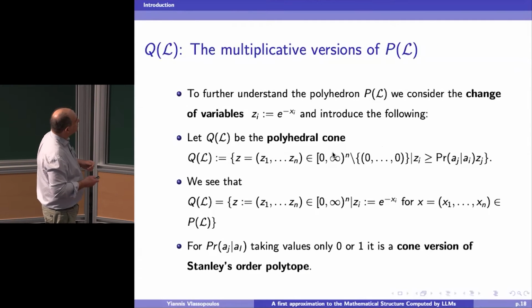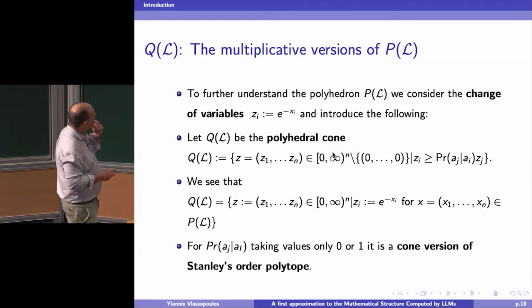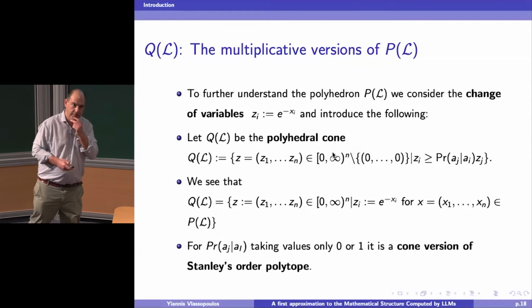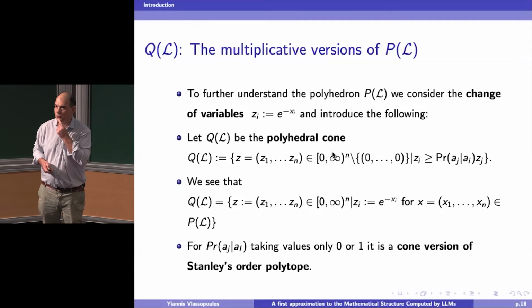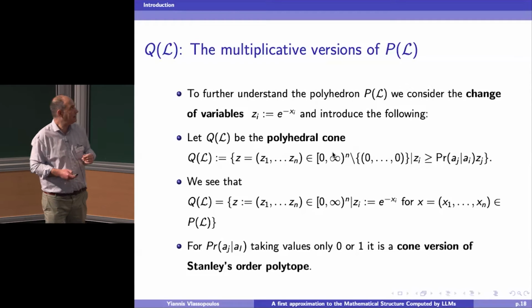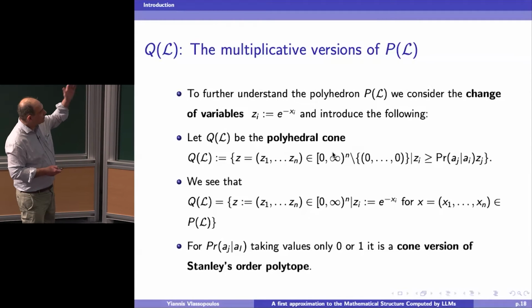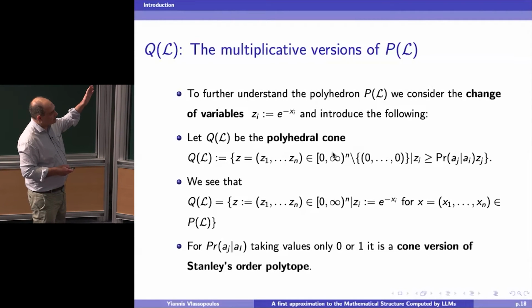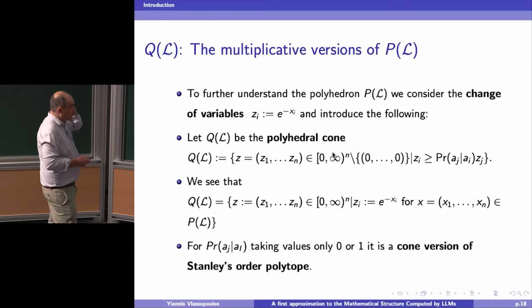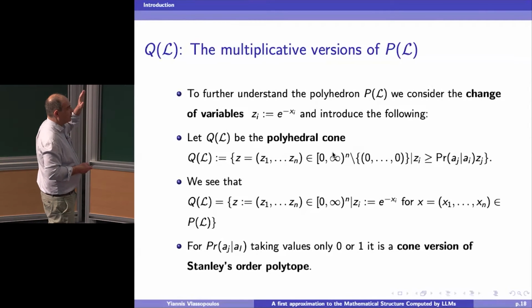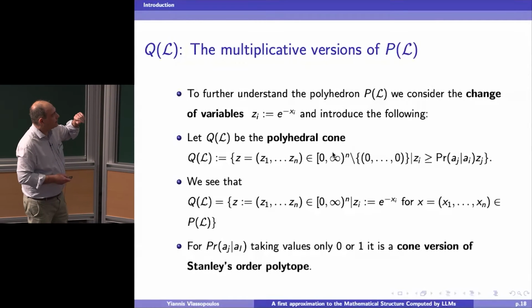Now we have this P of L. We went there because metric theory is much better understood than probabilities in that sense. But if you go back to the probabilistic picture, it's actually easier to imagine, at least for those who are not steeped in tropical geometry.